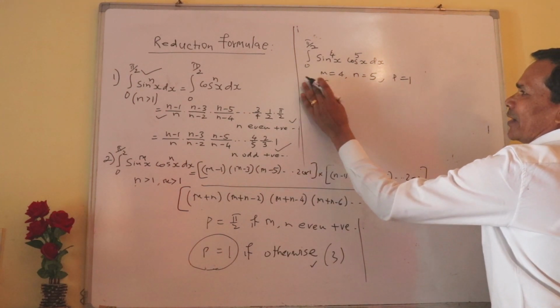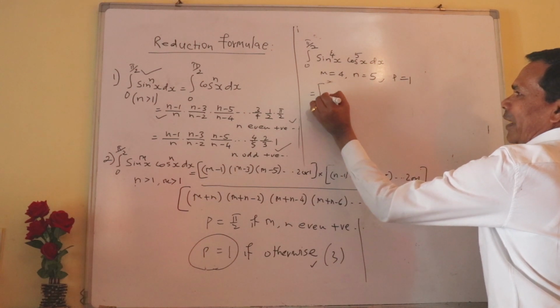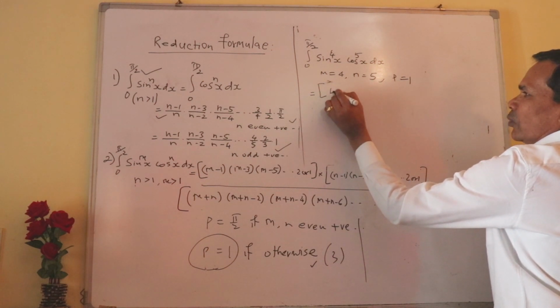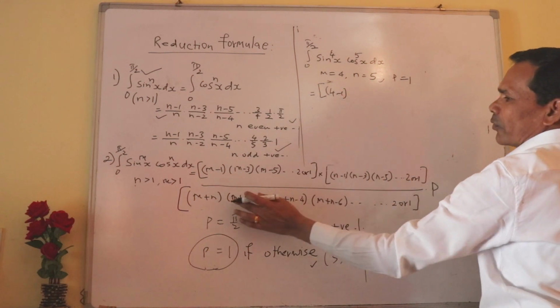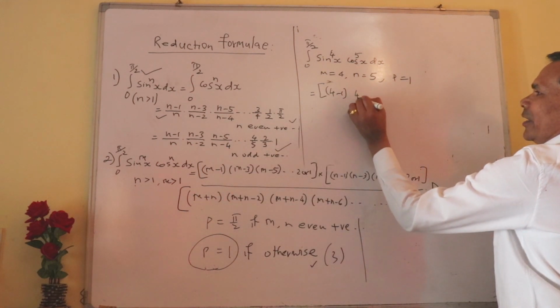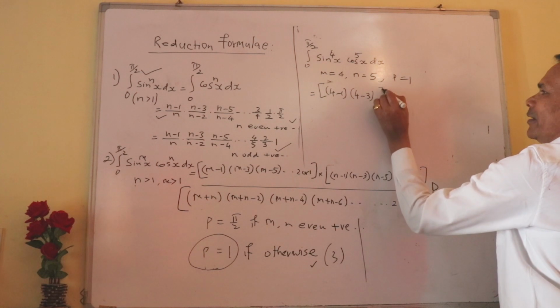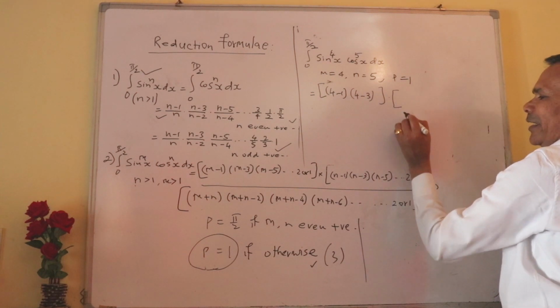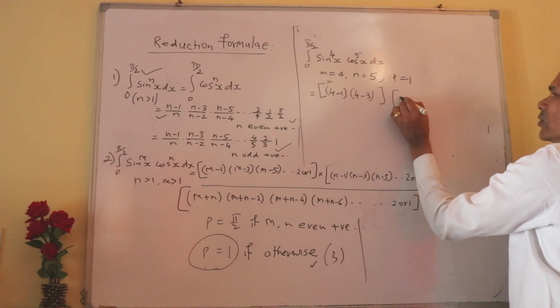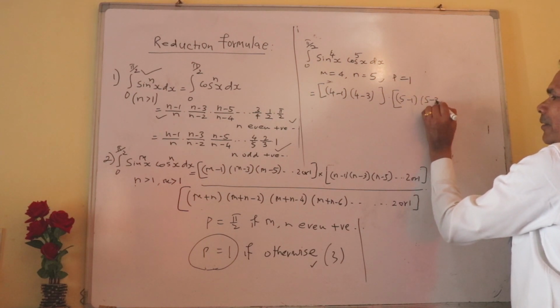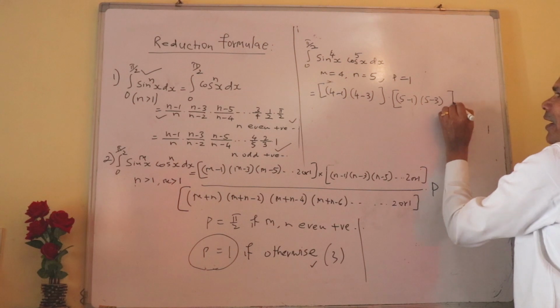In the first bracket, m is equal to 4, so 4 minus 1, 4 minus 3, and 4 minus 5 is not valid. I close the bracket. The next one is n, which means 5: 5 minus 1, 5 minus 3, 5 minus 5 is not valid.